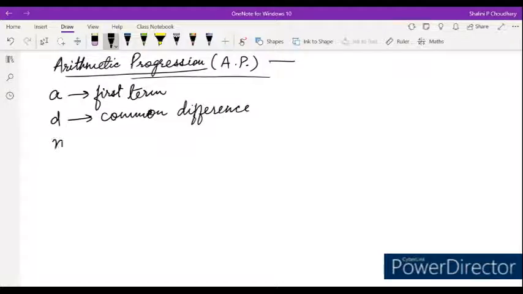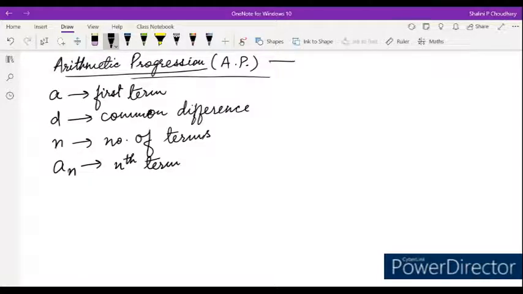And what is n? n is the number of terms. And the nth term we'll write as an.